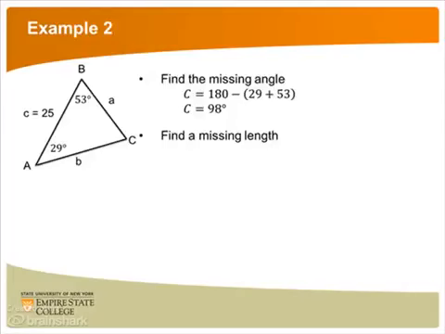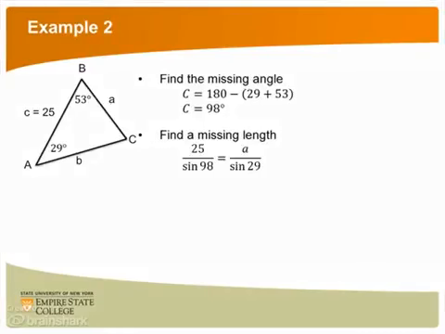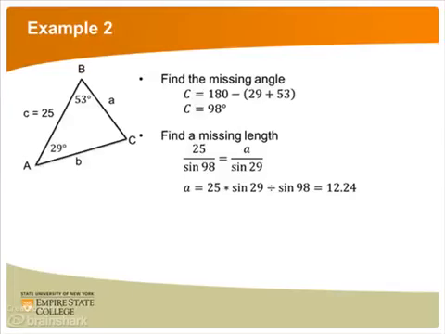Now we can use the law of sines to find a missing length. Our complete ratio is length little c and angle C. So we have 25 over the sine of 98 degrees. We set this equal to little a over the sine of 29. Cross multiply and divide. We find that length a is 12.24.